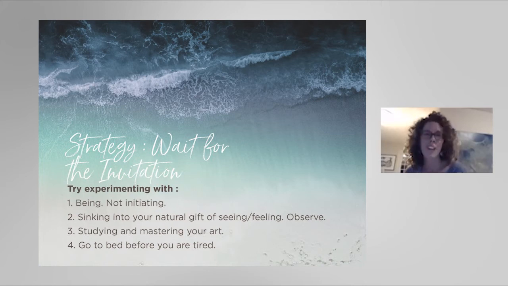Studying and mastering your art. Having your default be this place of being and not doing, and in the meantime, learning and mastering your art, so when the right invitation comes along, you're ready with the expertise that you need.